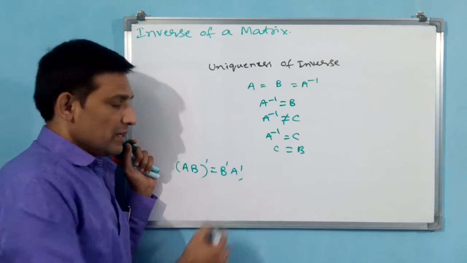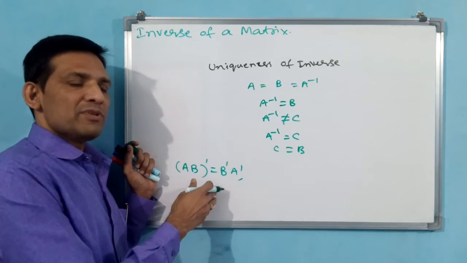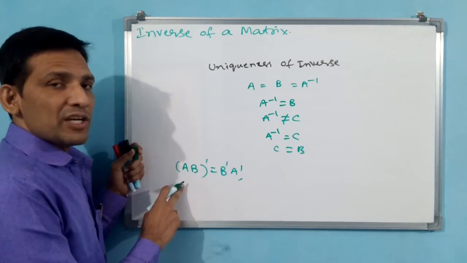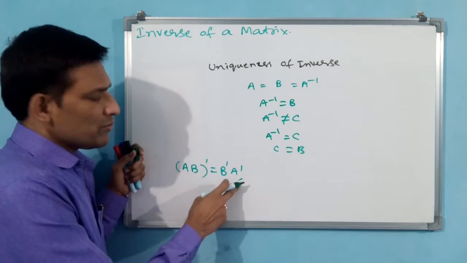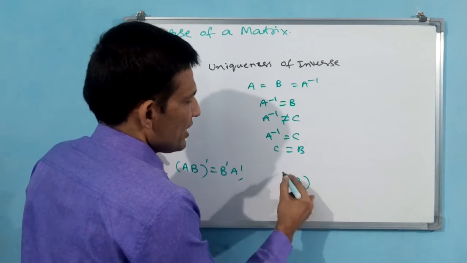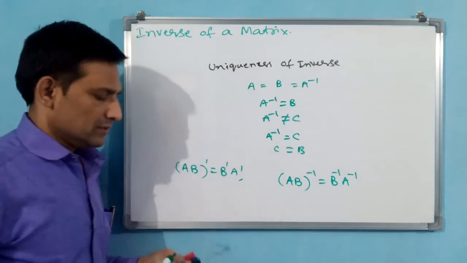But in addition, A plus B whole transpose is equal to A transpose plus B transpose. Here in multiplication, AB whole transpose is equal to B transpose into A transpose. Likewise, AB whole inverse is equal to B inverse A inverse.